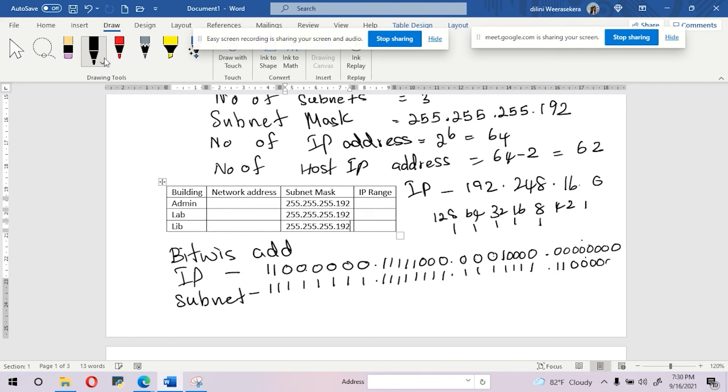Then what you do, you are going to do the bitwise AND. What is bitwise AND? Bitwise AND means both have to be 1 in order to become 1. Here 192 has only two bits set and the others are 0.